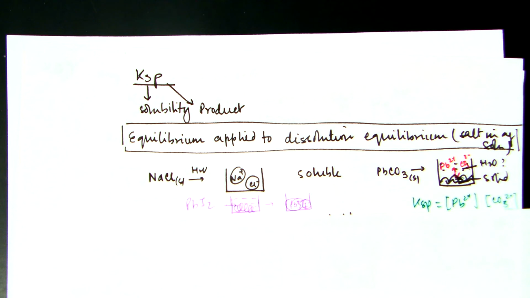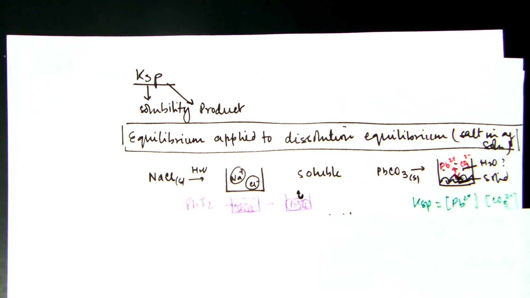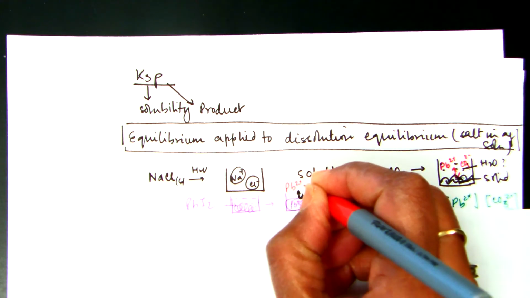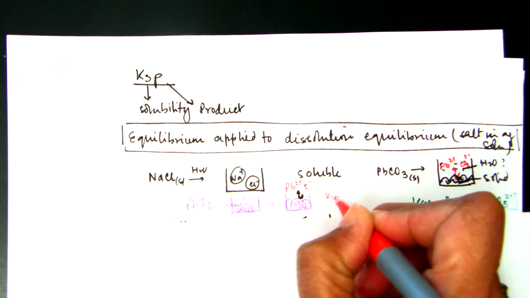So what happens in this sparingly soluble salt or precipitate? There is an equilibrium between the precipitate at the bottom and the small amount of ions that go into the solution, like the lead and iodide ions. This equilibrium will be given in this case by the molarity of Pb2+ times the molarity of I- squared.